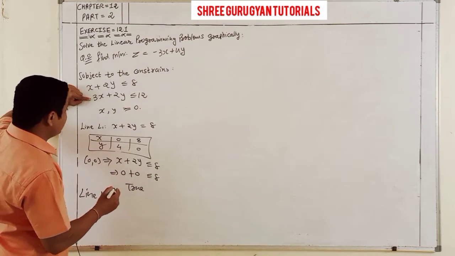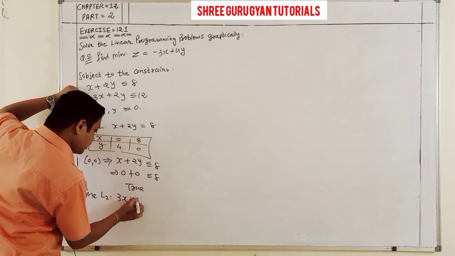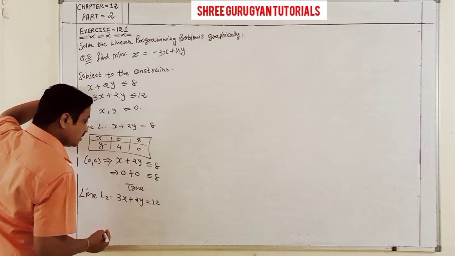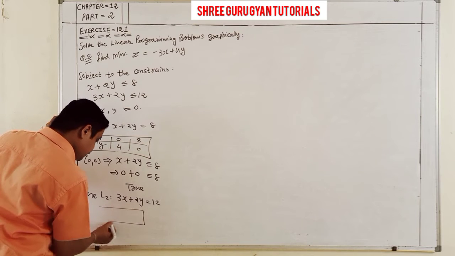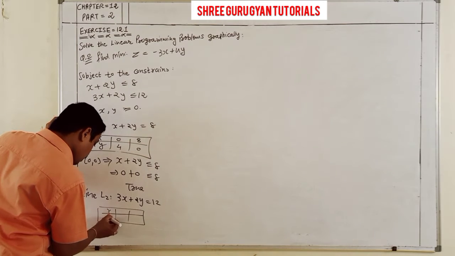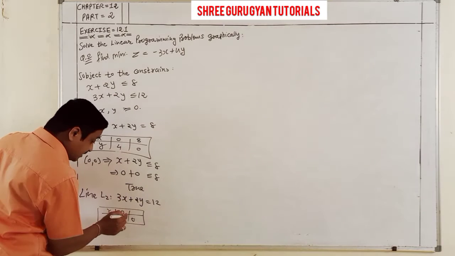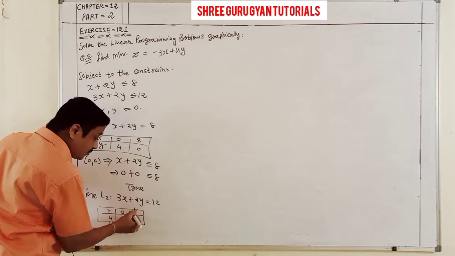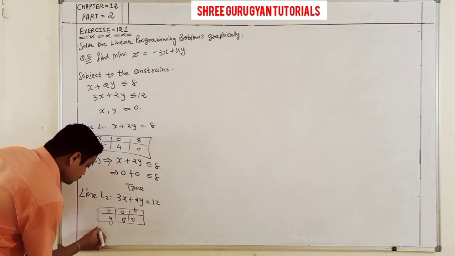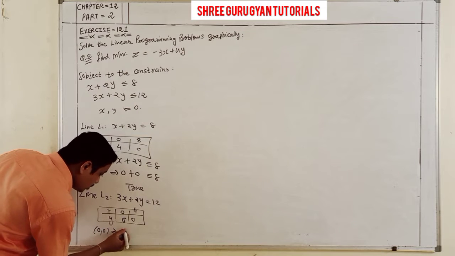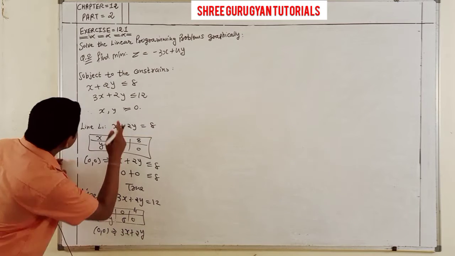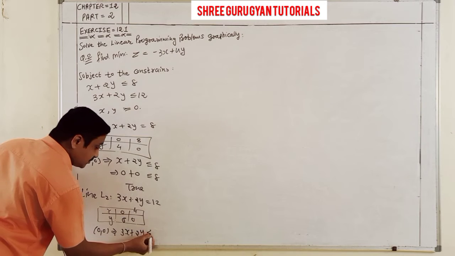Similarly, students, the second one, 3x + 2y = 12. Go to the table. x = 0, y = 6, but y = 0, then x = 4, that is 12 by 3. Checking (0, 0): 3x + 2y should be less than or equal to 12.